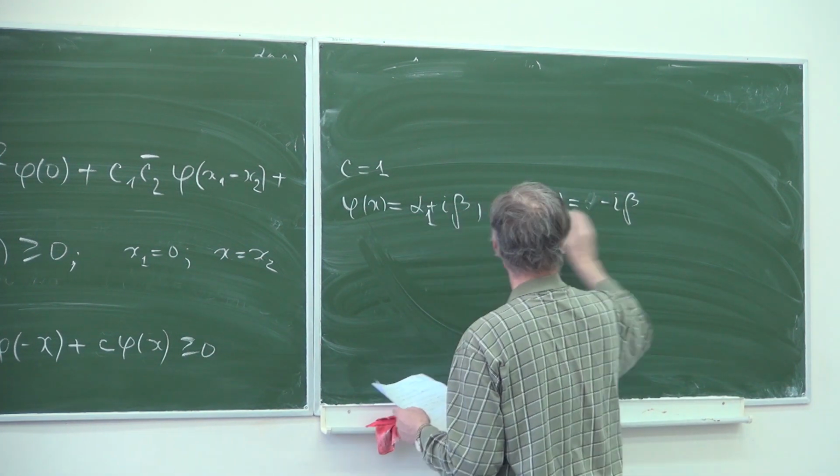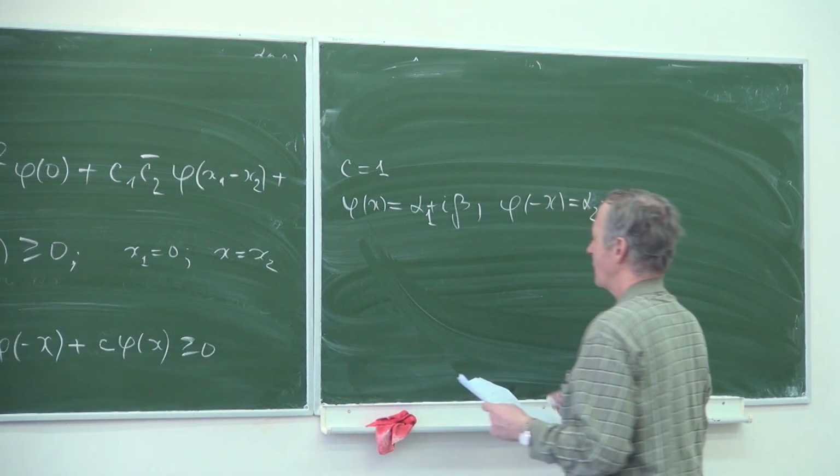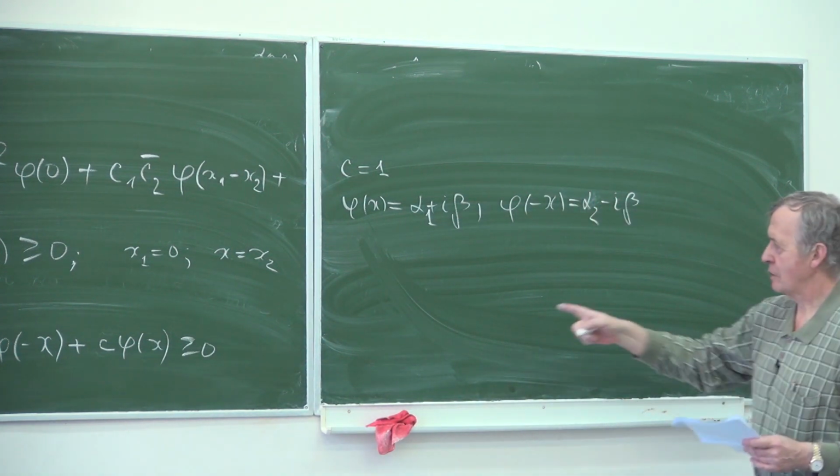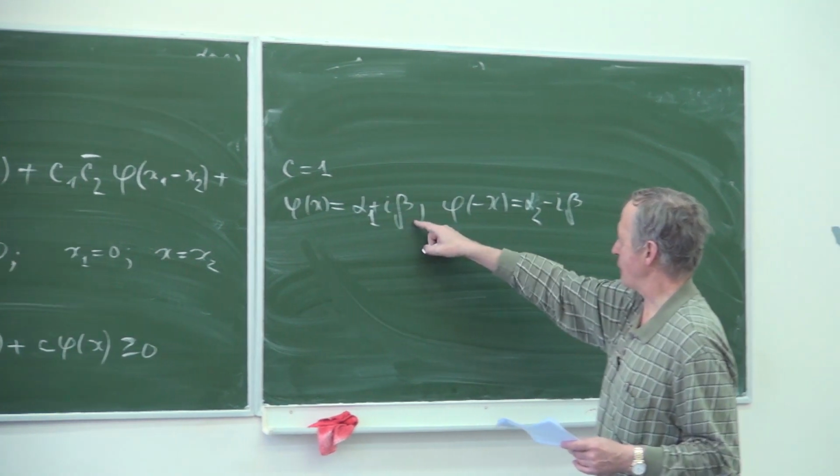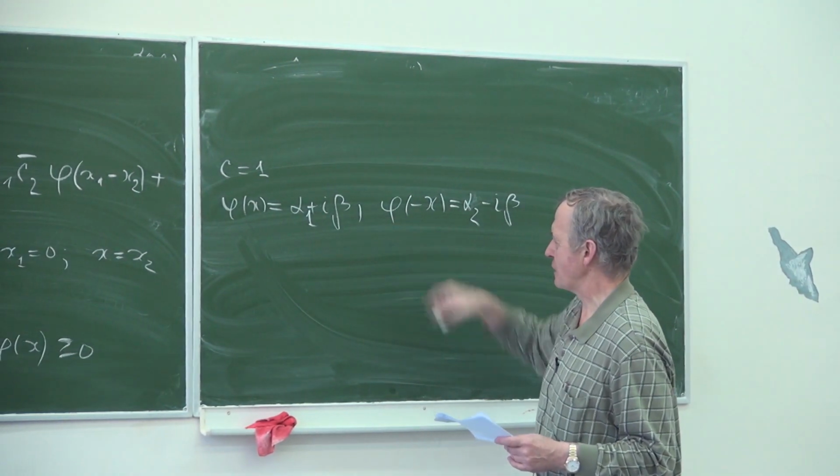So the sum is real, so they have opposite imaginary parts, so we have this.